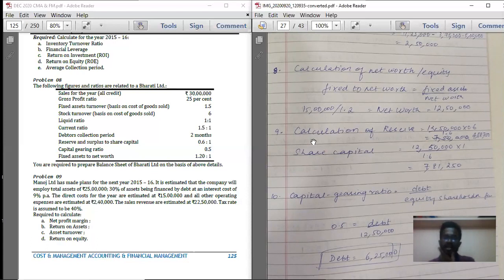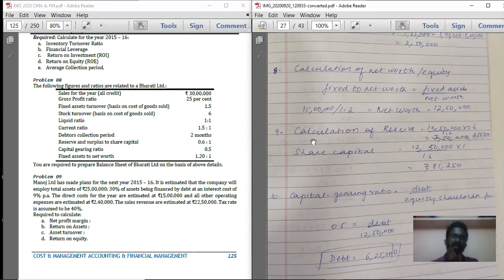Below that, share capital is equal to 12,50,000 divided by 1.6 into 1, which is equal to 7,81,250. So with this, we have calculated what is share capital and what is reserves.